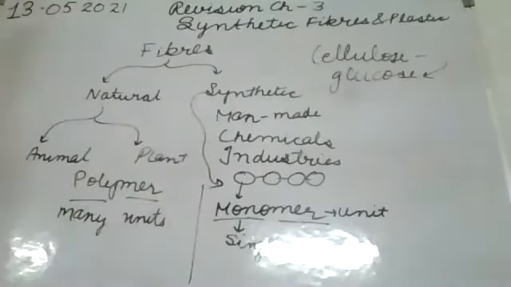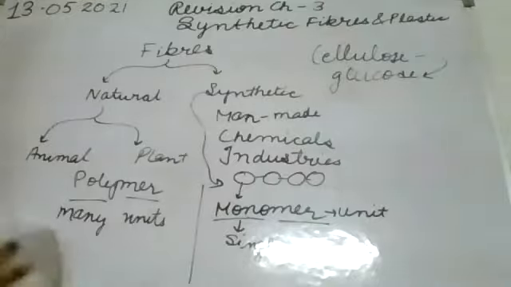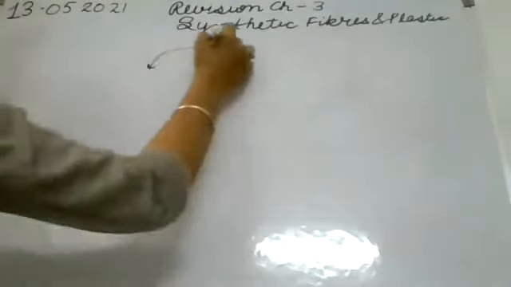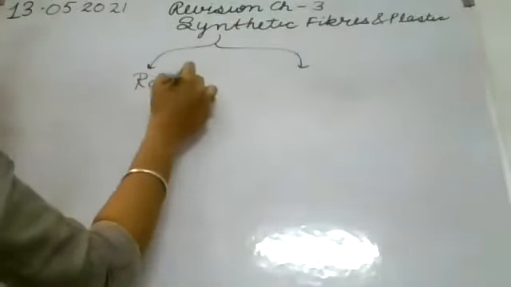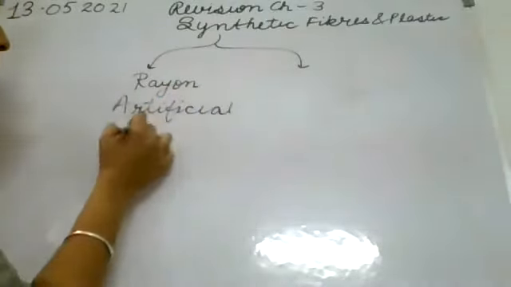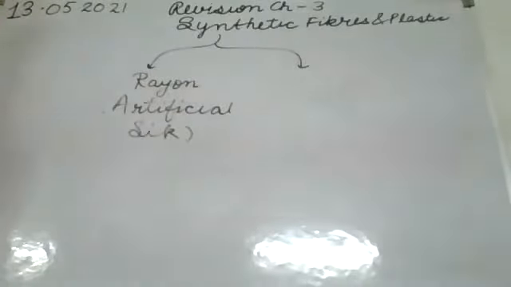Okay, clear? Next, we will proceed to topic 3.2, that is types of synthetic fibers. The first type is rayon. Rayon is similar to silk, but it is also called artificial silk. It is obtained from the chemical treatment of wood pulp.